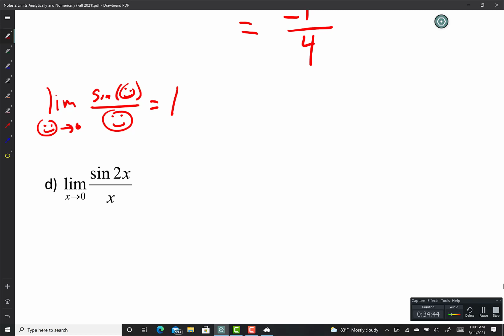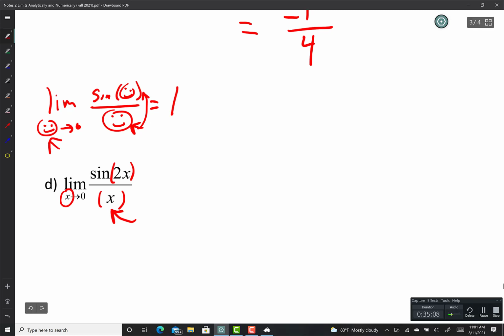So I have a 2x in the top, and I have an x in the bottom. I need the bottom to also be the same as the top. I know you were just saying, but that doesn't say 2x, that says x. Well, it's approaching 0, so this doesn't really matter.